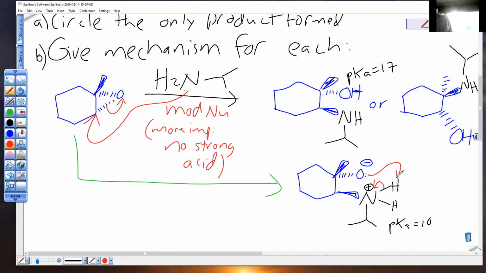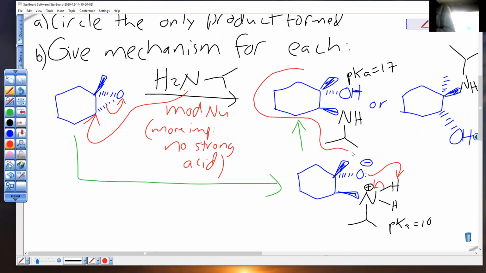The ring size as it's reaching in the transition state has how many atoms? 1, 2, 3, 4, 5. 5's nice. If it was smaller, there'd be strain in the reaching and it wouldn't happen. We'll talk about that in Orgo too. And that's that product right there.